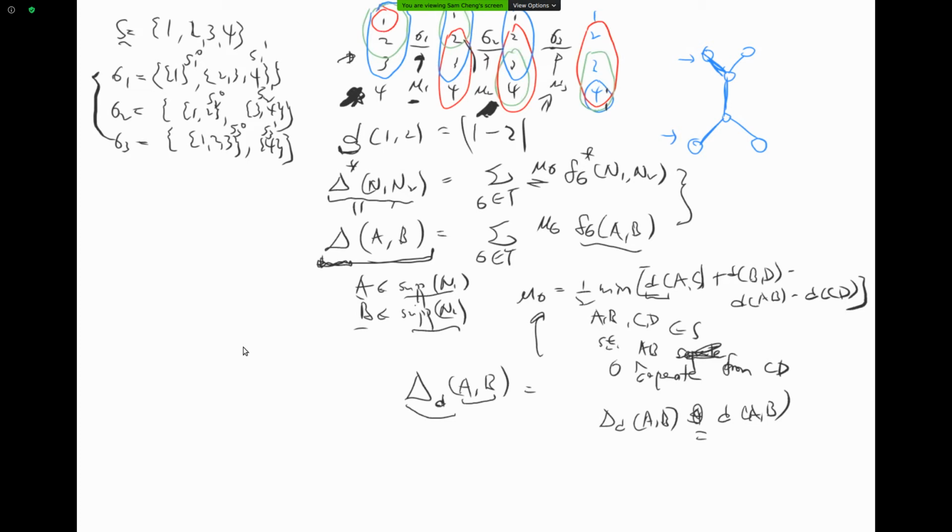Actually, maybe it's easier, I can show it pictorially. Let's say I have A, B, C, D, so I have these points here.